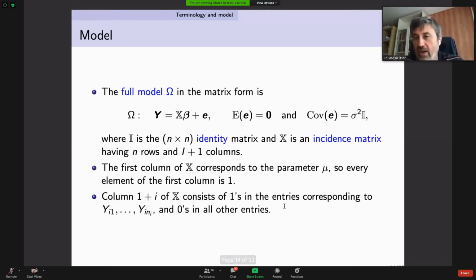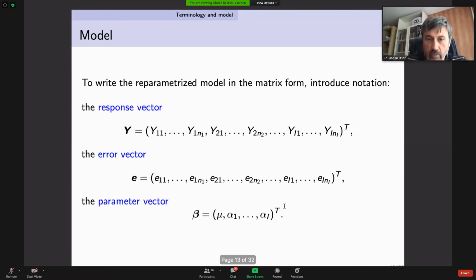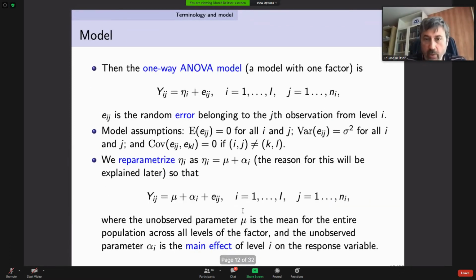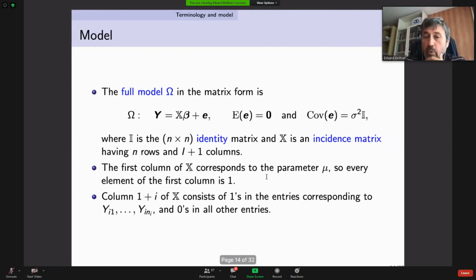And now we write our model just in the matrix form. So we don't want to write these many equations. You remember there were many equations here, n equations. Instead, we just write one equation in the matrix form. We now say that our observation y is equal to some matrix x times this beta plus error.